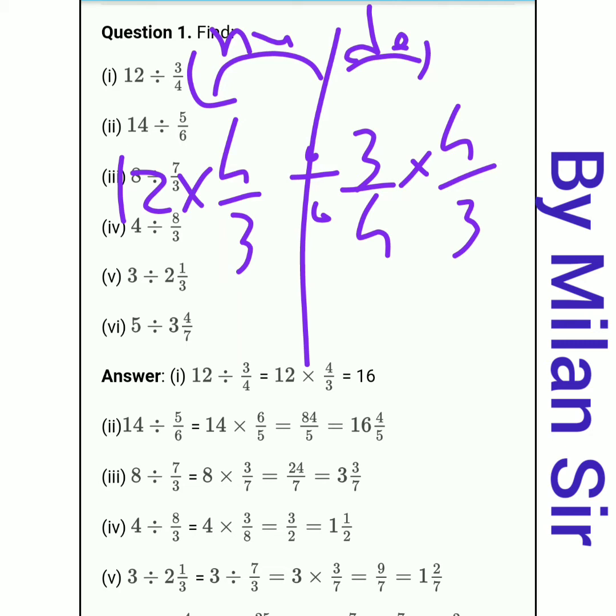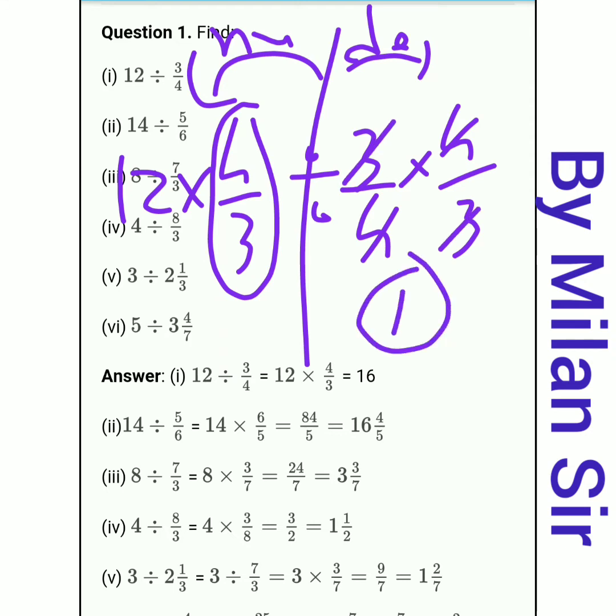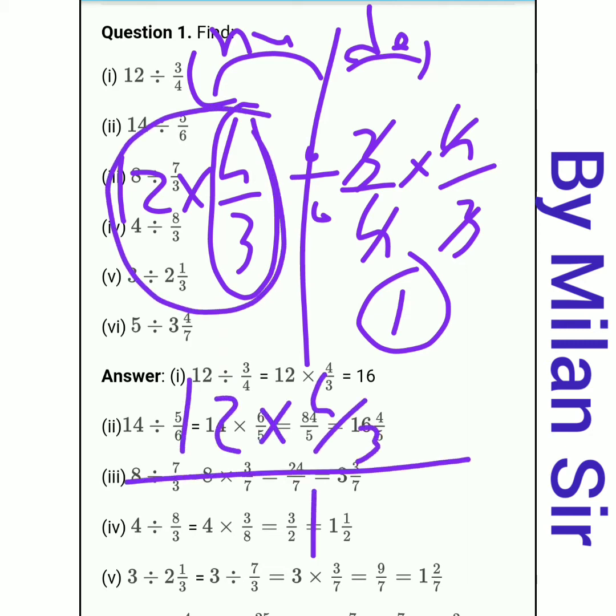Now what happen here, if same number, here I am taking 4 by 3, 4 by 3 I multiply with numerator and multiply with denominator. So this 4 cut, 3 cut here, so here nothing is remaining, so 1. That means what you need to do, 12 multiply 4 by 3 divide by 1.